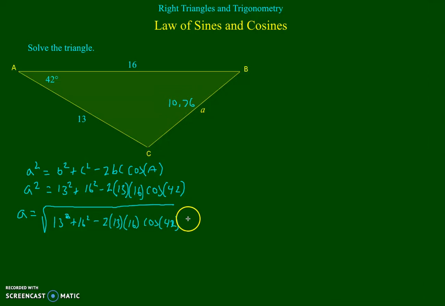10.76. All right, now that we have this side, we should be able to set up a relationship with this angle and this side. Now it's always questionable to use a calculated value to find an approximation, but in this case we don't really have a lot of choice.